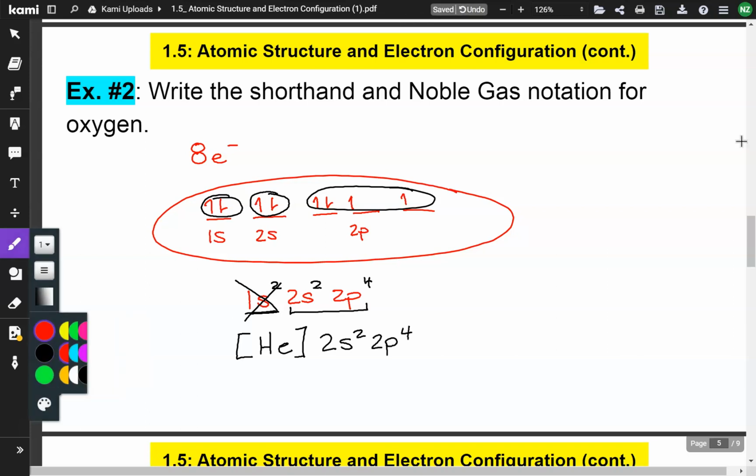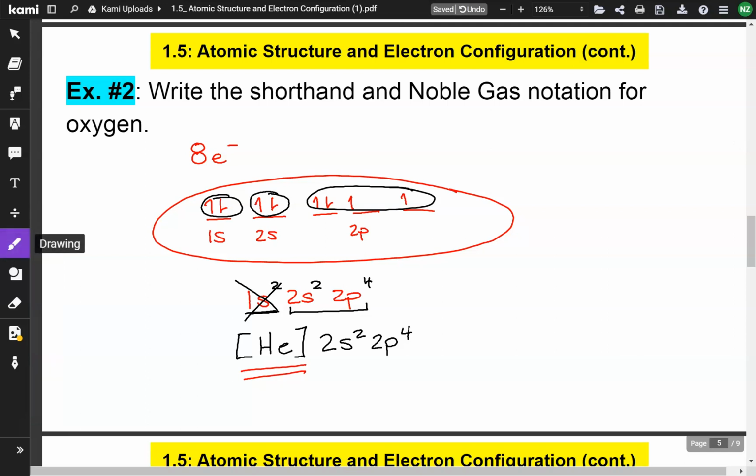So when you write a noble gas notation, you're replacing all of the electrons up to that noble gas with the noble gas in brackets, and then you just pick up where you left off. Again, helium is number 2, so I'm accounting for 2 of those electrons, and the last 6 I write out in regular electron configuration. I write out the rest of the electron configuration, rather.